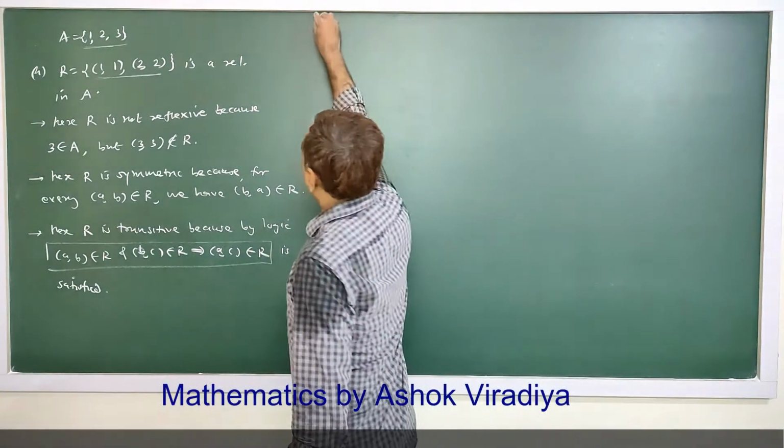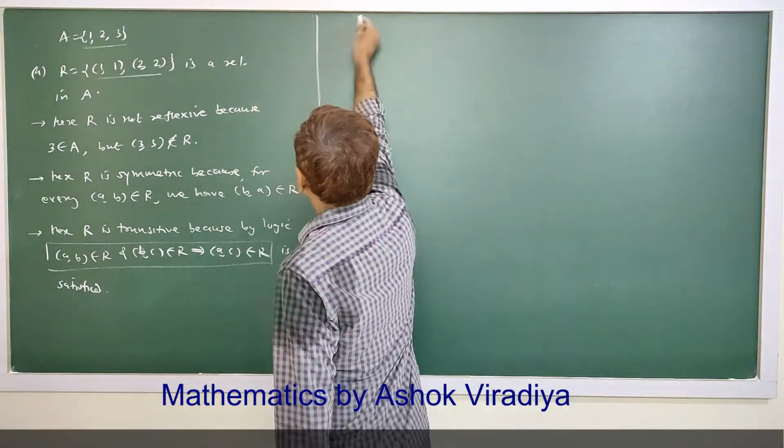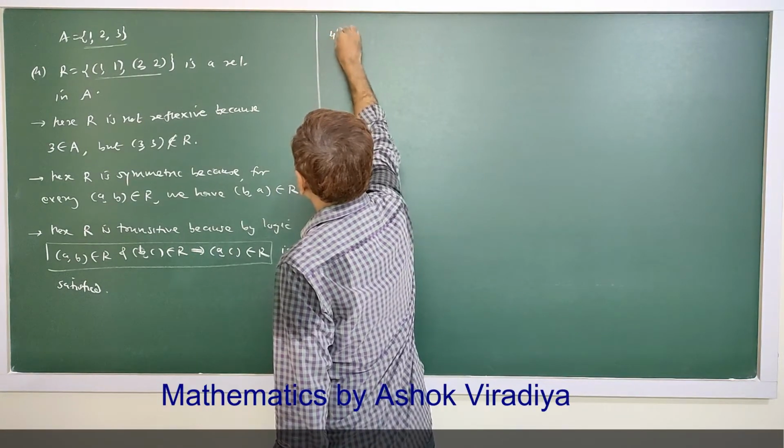Now, the next type of relation, that is equivalence relation, type 4.